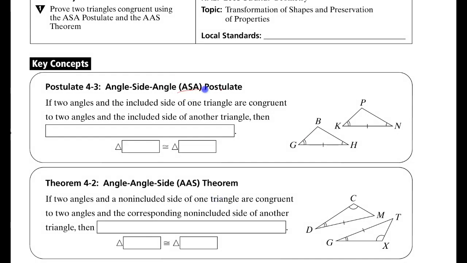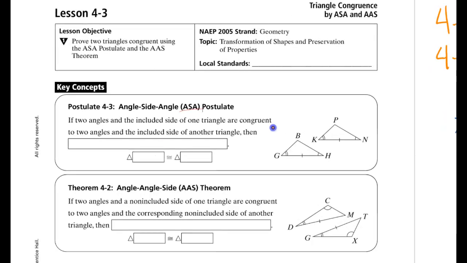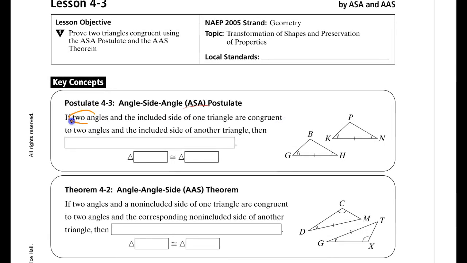First, the angle side angle postulate. This should look familiar because we may have just talked about this in class recently. If 2 angles and the included side of one triangle, so I need 2 angles and the included side. That means the side that's in between the 2 angles. So angle, included side, angle.